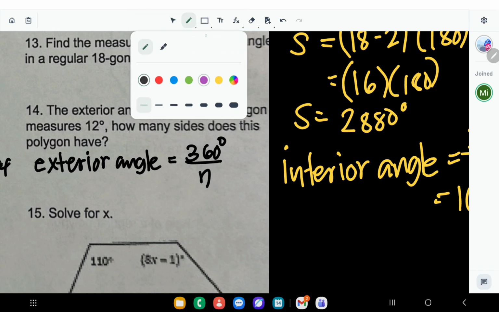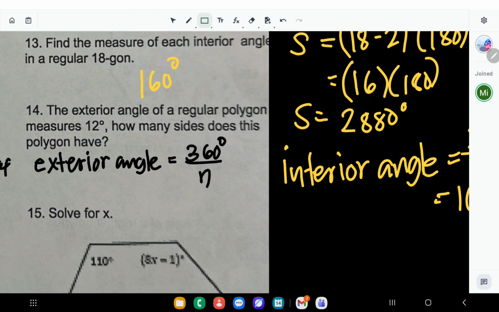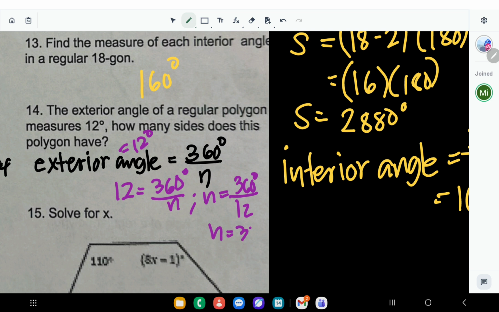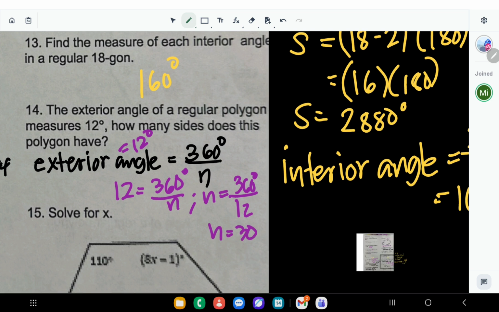You need to find n. But we're given here the exterior angle, which is 12. So 12 equals 360 over n. So n is 360 over 12. Okay, so n is equal to 30. 30 sides.